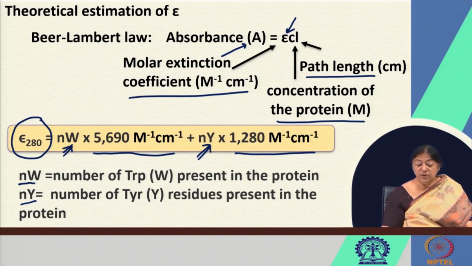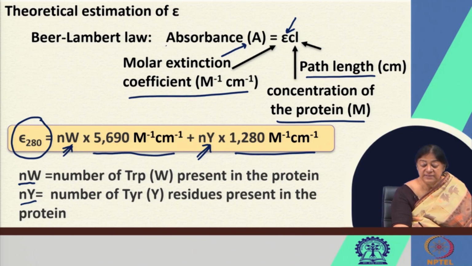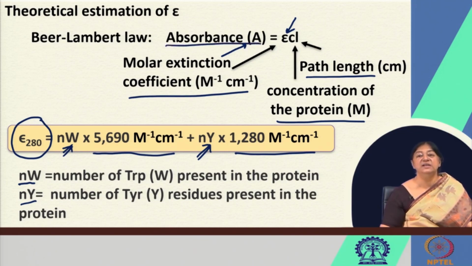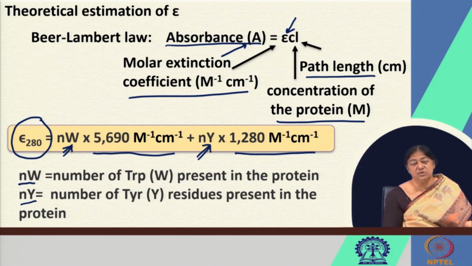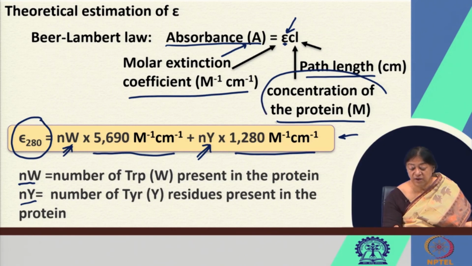Now, we can determine the absorbance value, the OD or optical density, from the machine. Then, given the extinction coefficient that we calculate from the number of tyrosines and tryptophans, we can find the concentration of the protein.